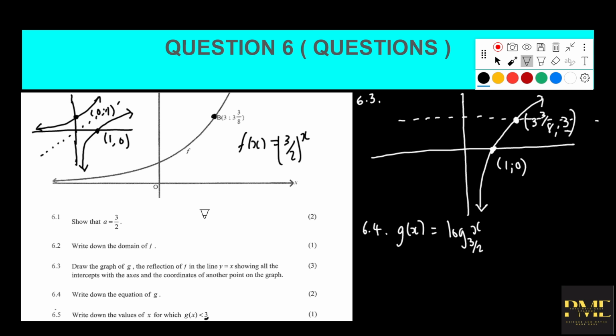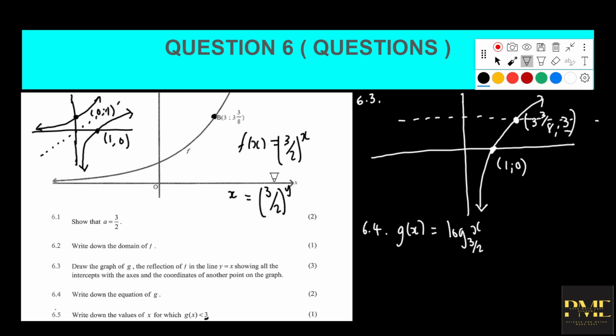Remember, to determine the inverse of a function, what you do is wherever you see x you put y, wherever you see y you put x, and then you make y the subject of the formula. So in other words, to determine the inverse, x is equal to 3 over 2 exponent y.